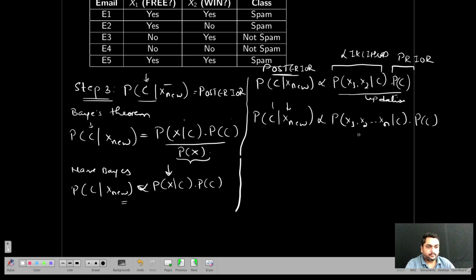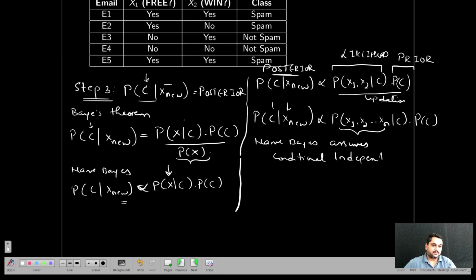Now, naive Bayes assumes conditional independence among the features. What it is trying to say is, this feature is independent of this feature, but in the real world they may be dependent. Even if they are dependent, the naive Bayes algorithm works very well. So the probability of this is independent of the probability of this. That is the conditional independence.